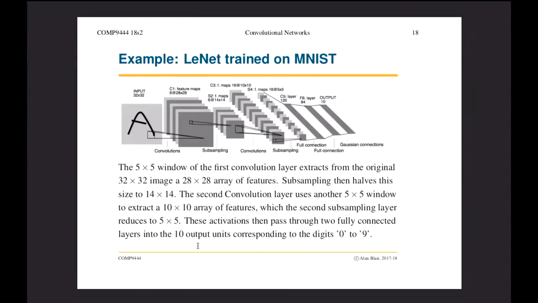And a rule of thumb that I like to follow is that the number of independent parameters should be comparable at each layer. You know, if you've got like 1 million independent parameters at one layer and only 500 at another layer, you're probably doing something wrong.